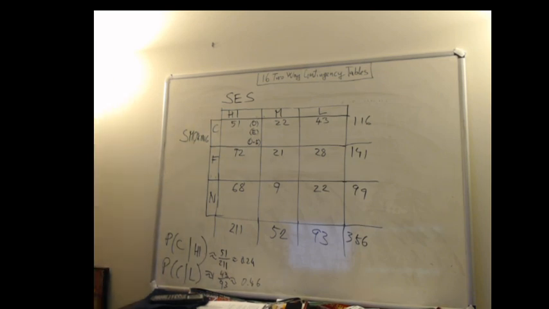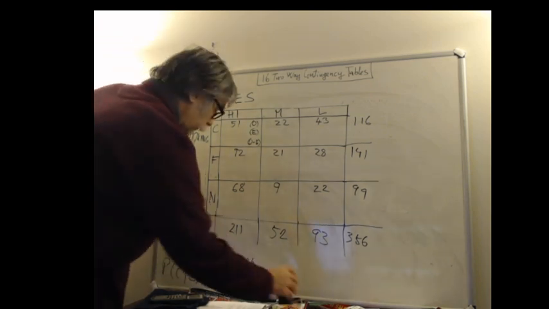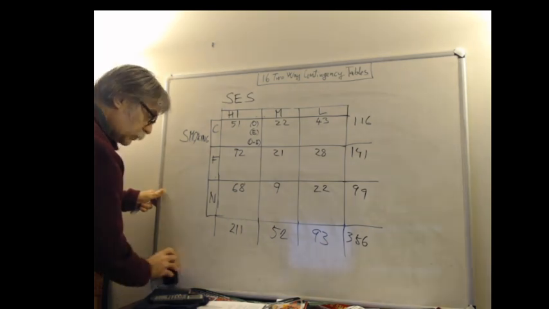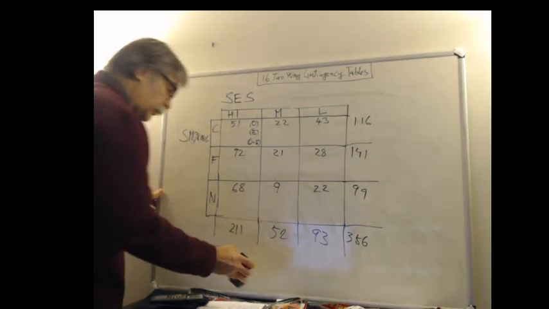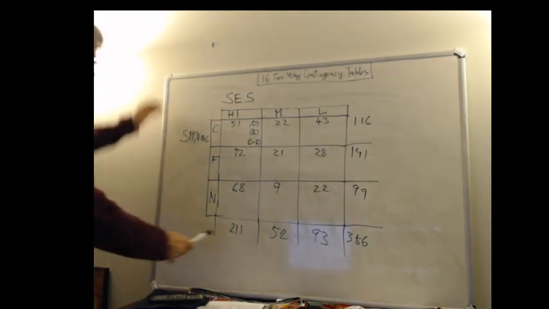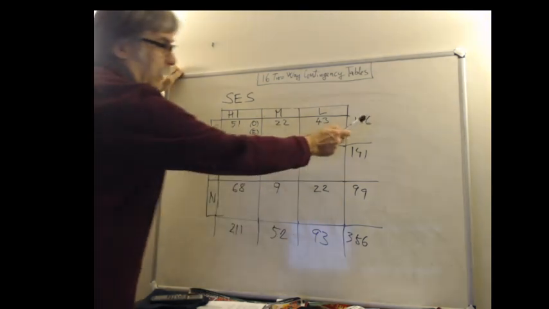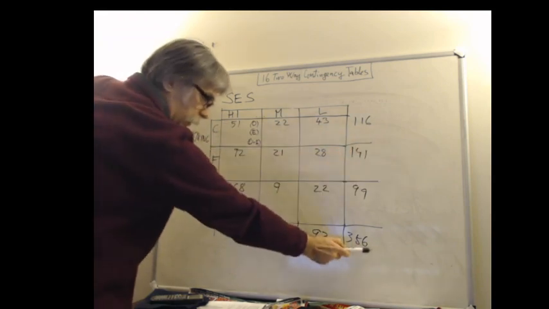Okay, so how do I get the expected value? So now you have to follow the story that we have had previously. I'm not going to be doing an explanation for every one of them. I'm just using the routine: marginal times marginal divided by the total.